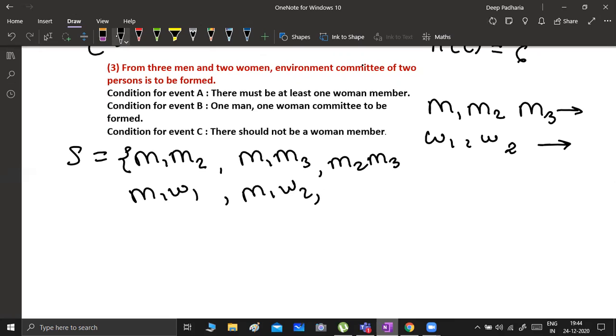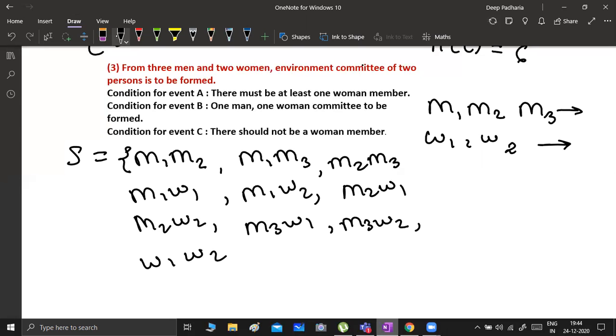M1 W2, and then M2 W1, M2 W2, M3 W1, because there are 3 men. Then M3 W2, then W1 W2.